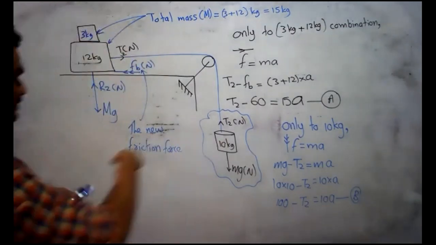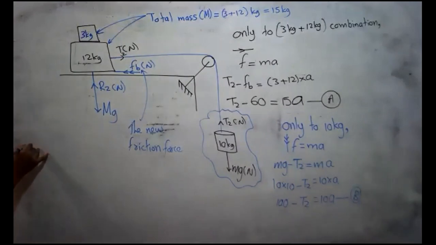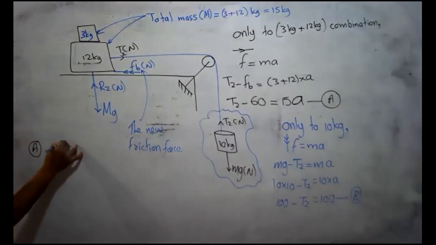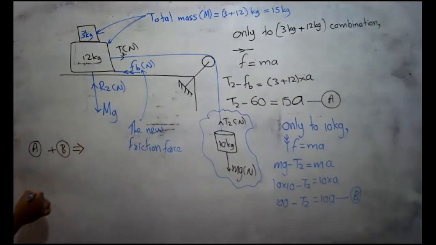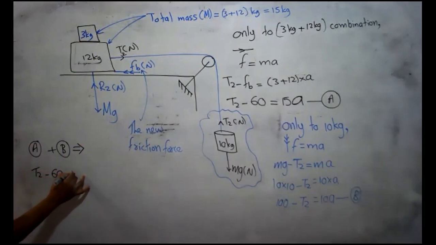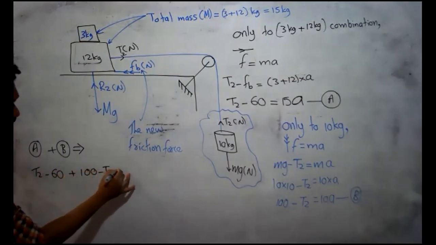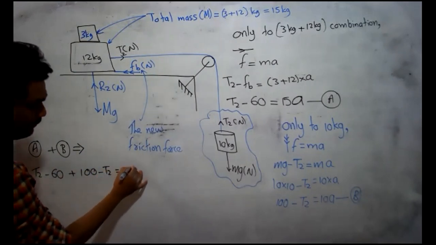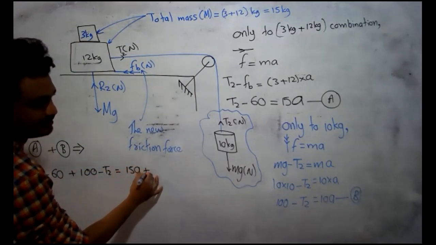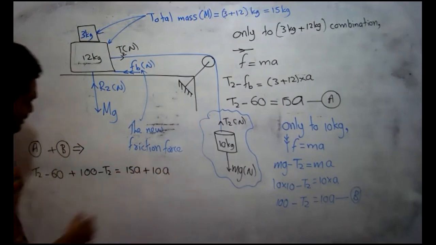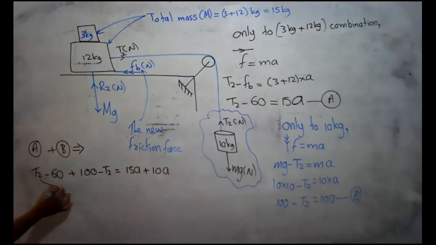So let me add the A and B equations, A plus B. Capital A equation tells us T2 minus 60. Capital B equation tells us 100 minus T2 equals 15A plus 10A. Notice that my positive T2 and minus T2 cancelled out.